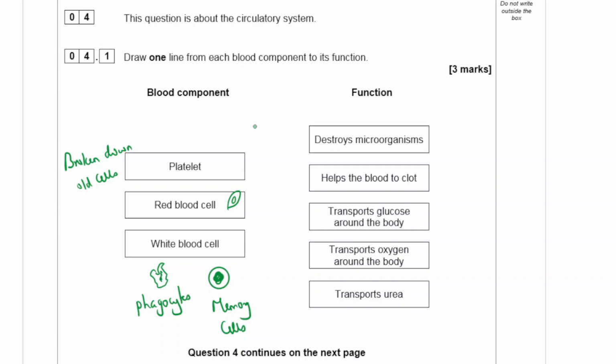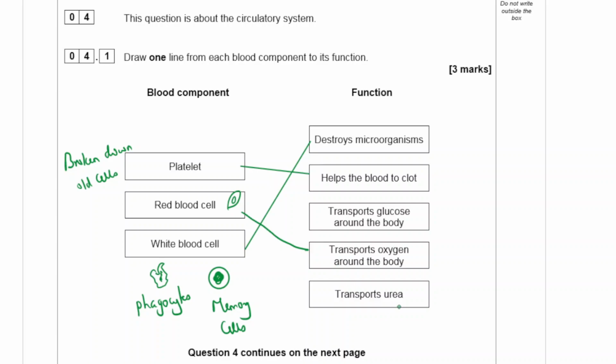So platelets help the blood to clot. Red blood cells transport oxygen around the body. White blood cells destroy bacteria.